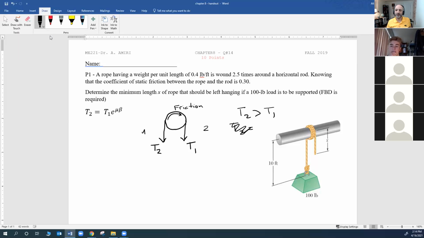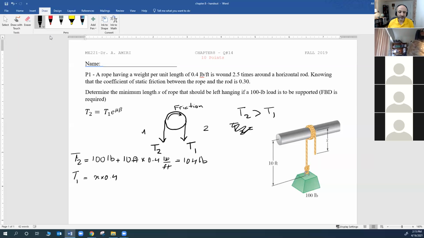So I think we can figure this out now. This one, T2, is 100 pounds plus 10 feet times 0.4 pound per foot. This is going to be 104. T1 is x multiplied by 0.4.